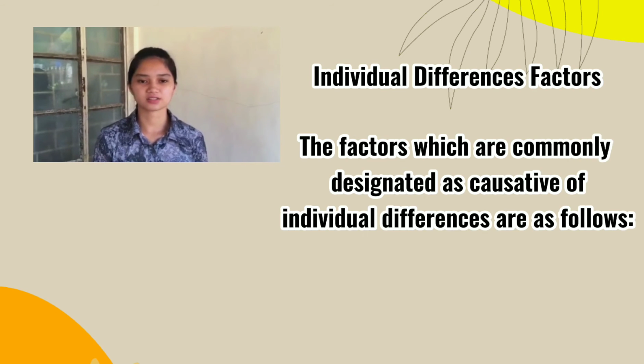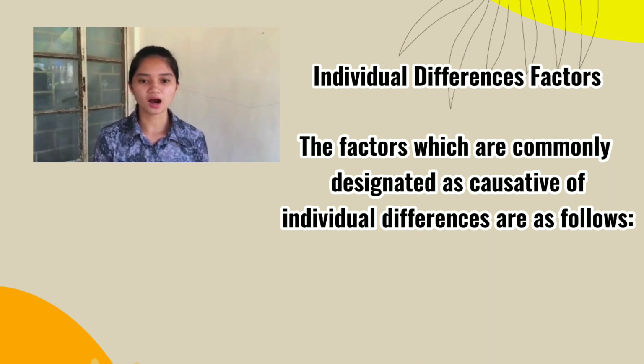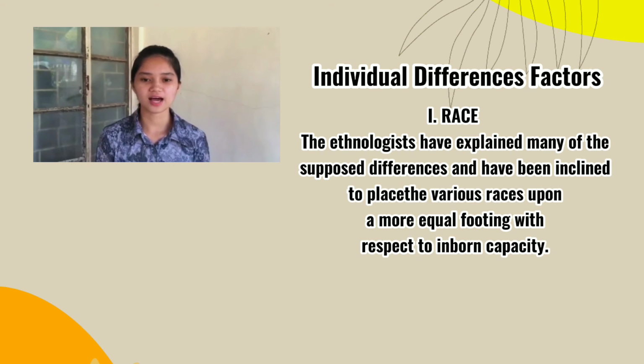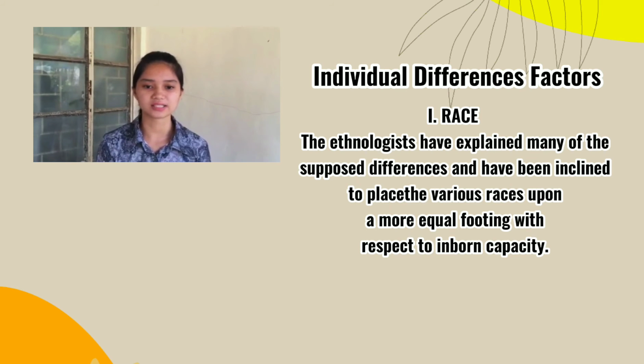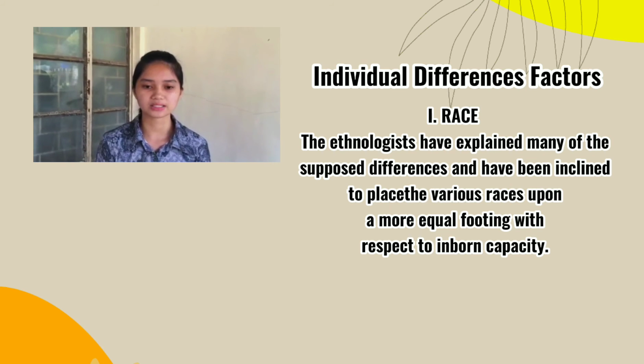Individual differences factors. The factors which are commonly designated as causative of individual differences are as follows. Number 1. Race. The ethnologists have explained many of the supposed differences and have been inclined to place the various races upon a more equal footing with respect to inborn capacity.